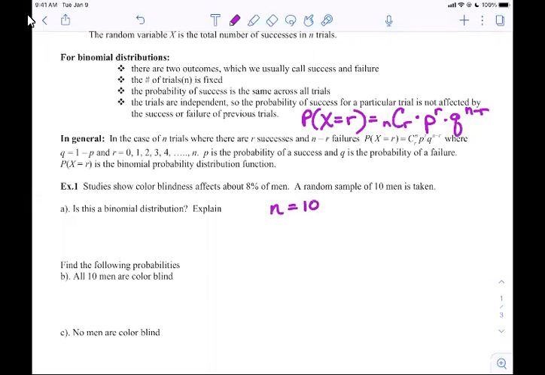The probability of success is the same across all trials. The probability of having color blindness is 0.08. Then that makes Q what? 0.92. The trials are independent. Because if the first person is colorblind, that has no impact on whether the second person does or doesn't. Okay, it's fixed and it's independent. So yes.